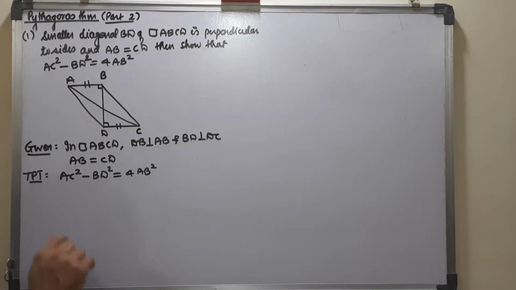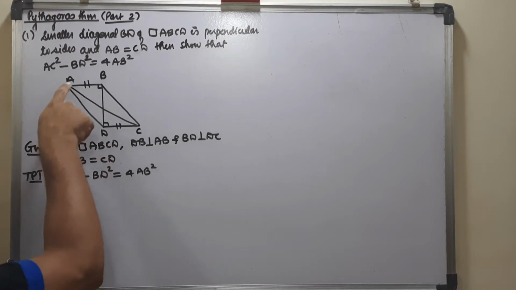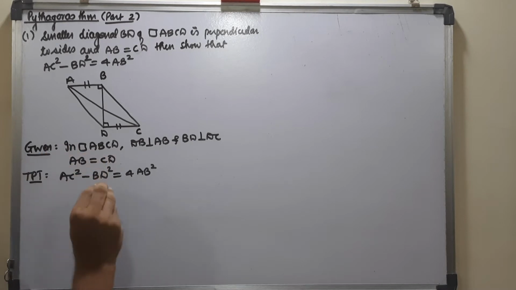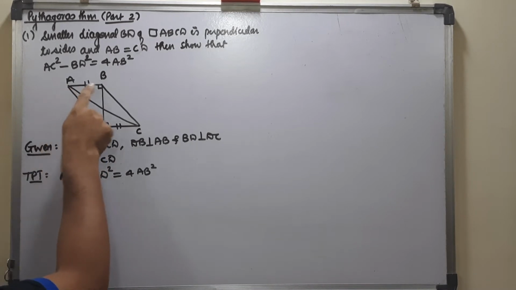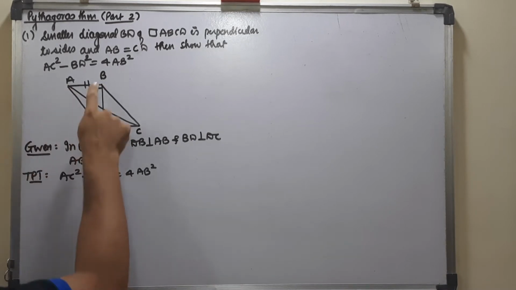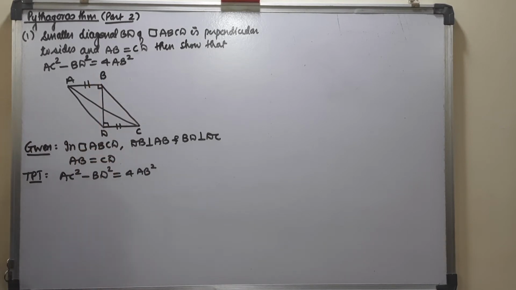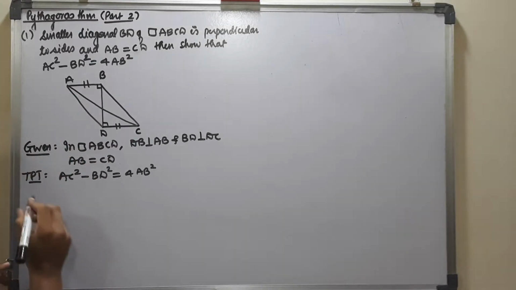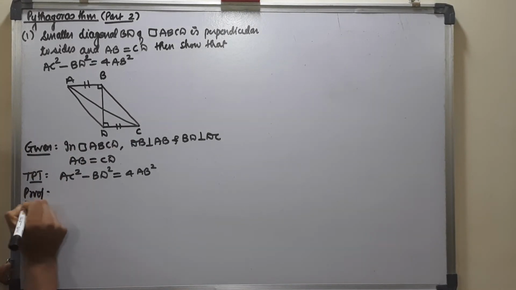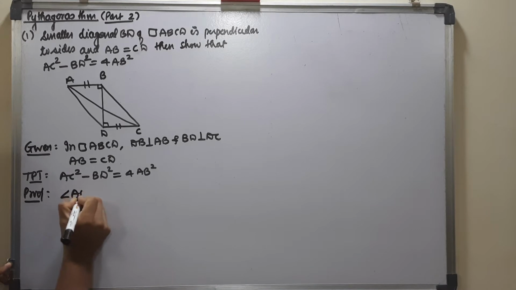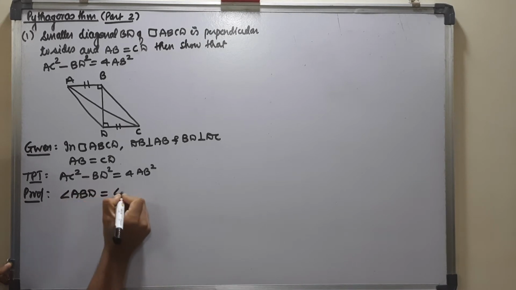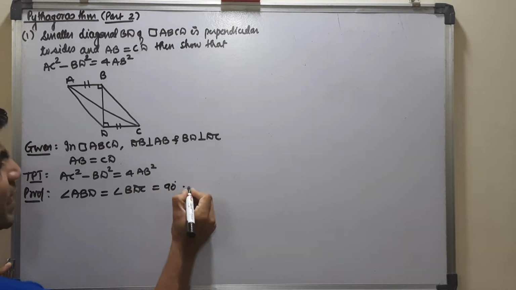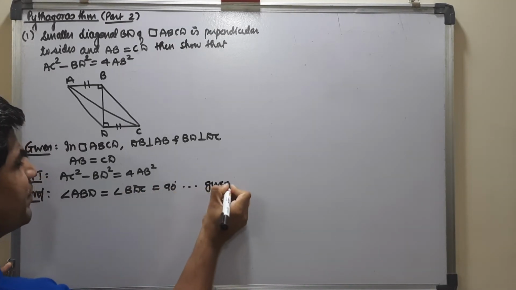So if I go with AB equal to CD, one more point strikes my eyes: angle ABD is 90 degrees and angle BDC is 90 degrees, which form alternate angles. So the very first thing is that angle ABD is equal to angle BDC, which is 90 degrees, and this is given to me.